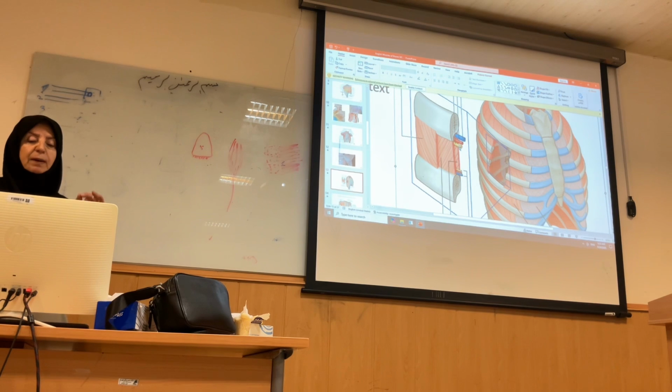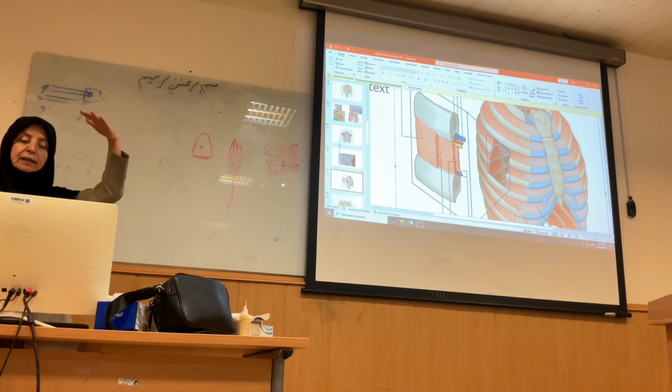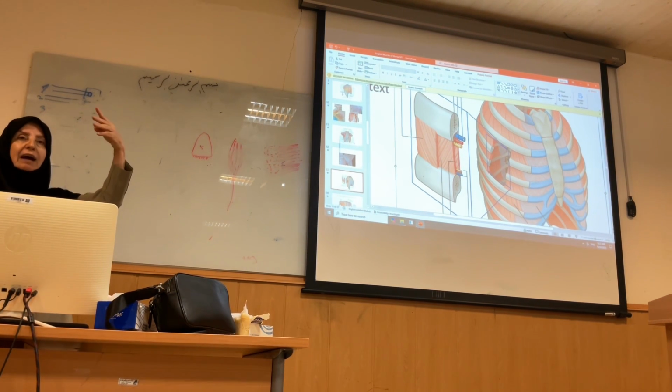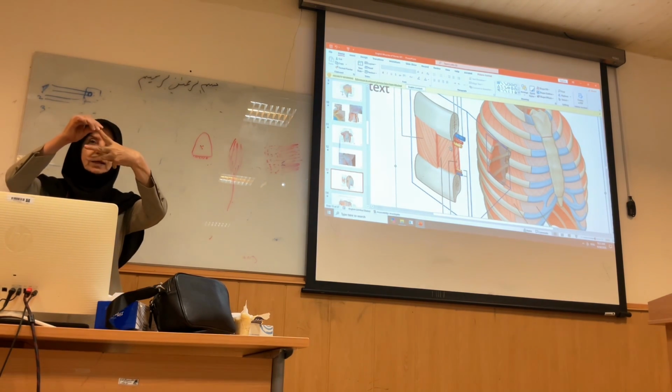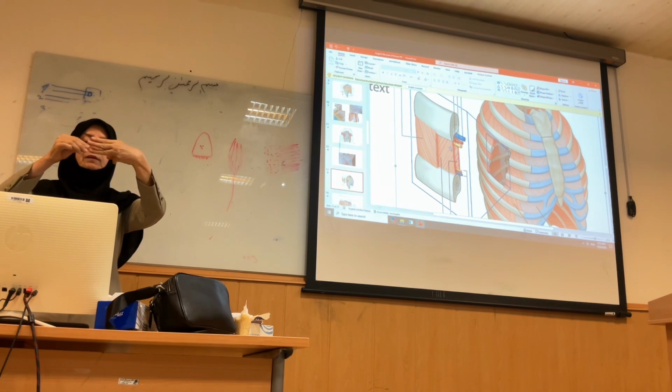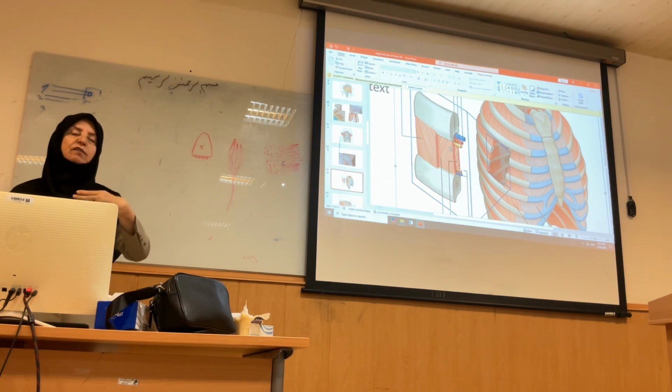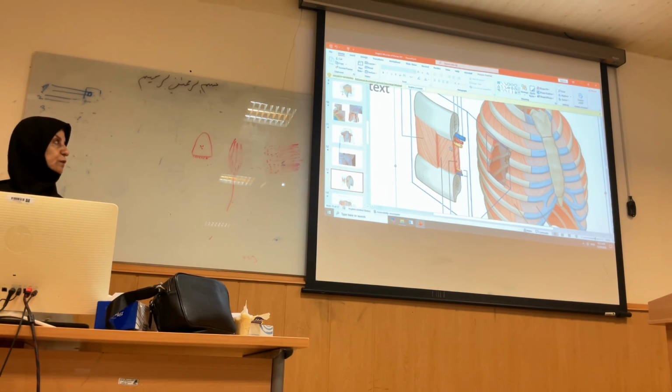To remember the position of these three, from superior to inferior, the vein is upper, after that the artery, after that the nerve. The positions are vein, artery, nerve. They pass inside the costal groove.